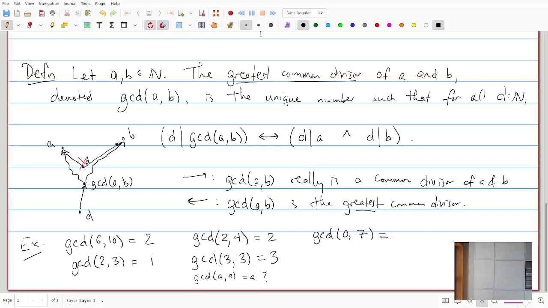Seven? I'm going to say 7. Everyone agree? I agree too. 7 divides 7, of course. And 7 also divides 0, because anything divides 0.